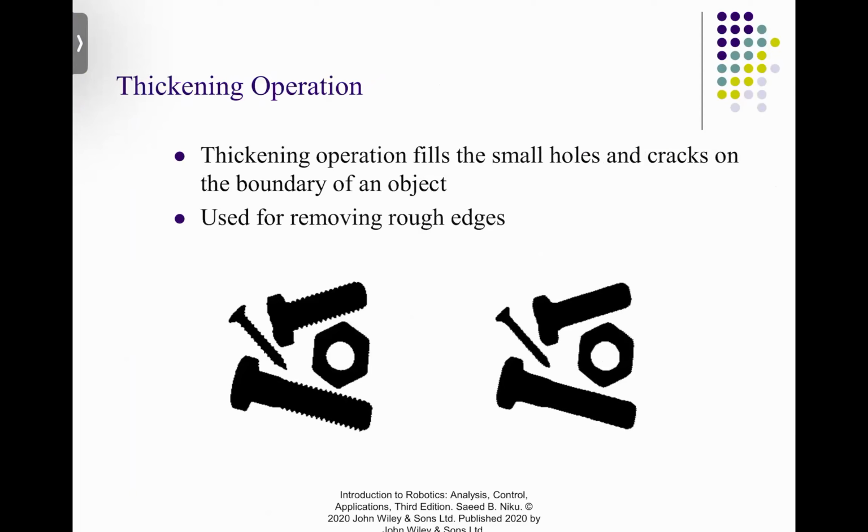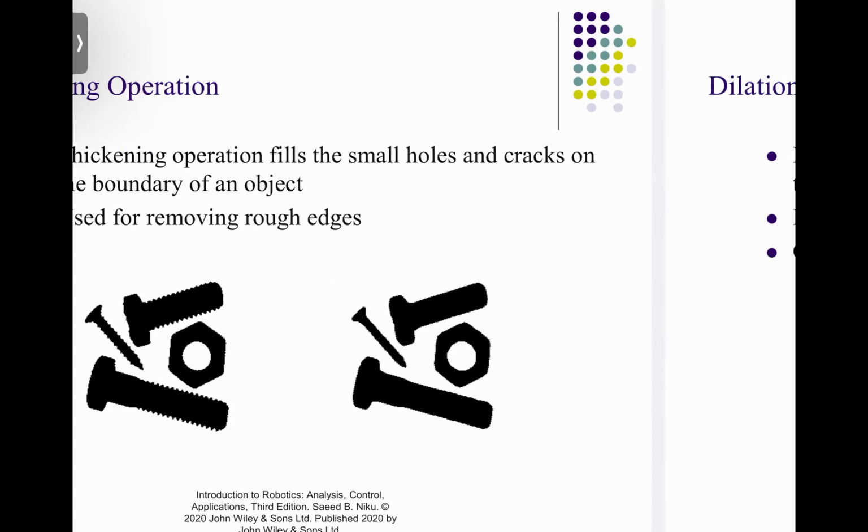If you want to thicken, you can take an image and perform the thickening operation, which is nothing but increasing the intensity of the nearby pixels. That will allow you to either soften the edge or make certain features very prominent and so on.